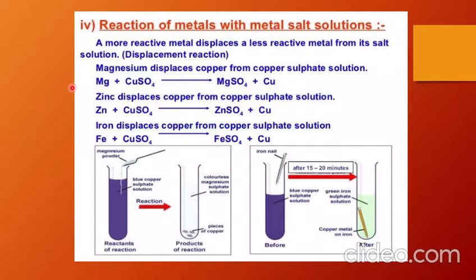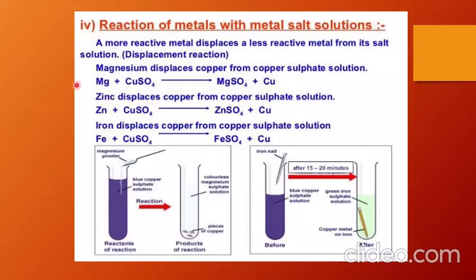Okay, like in this, there is salt solution of metal A plus metal B. So this is a reaction when magnesium displaces copper from copper sulfate solution. Magnesium, as it is more reactive than copper, displaces copper from its copper sulfate solution to form magnesium sulfate plus copper metal.